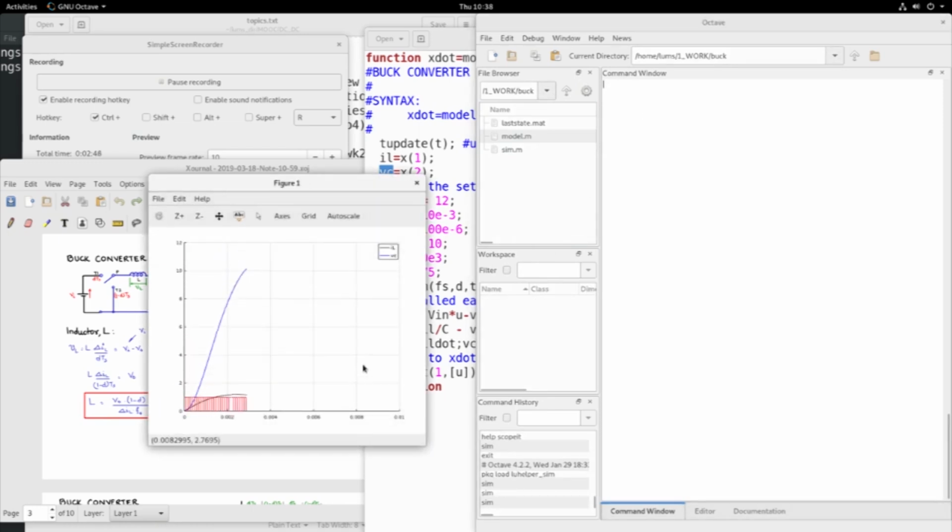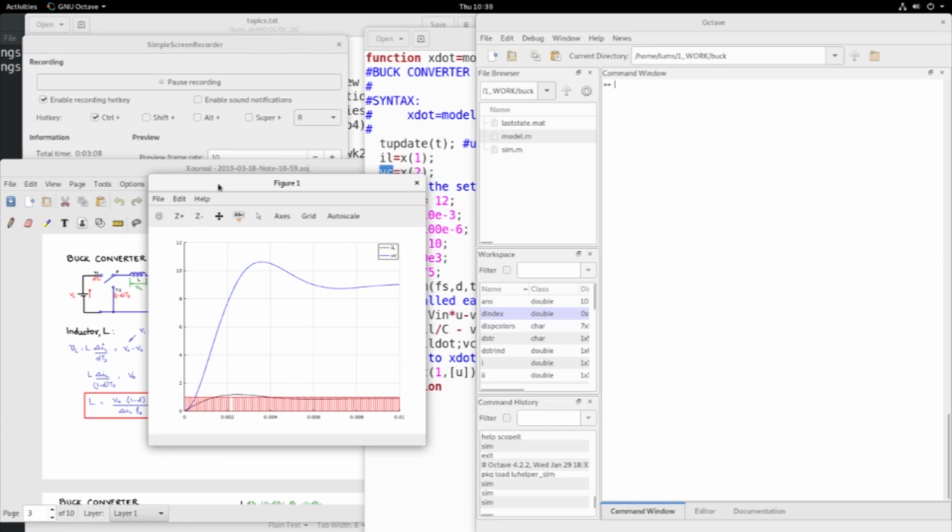So the simulation is performed. What we are viewing is the output voltage in blue here. The red is basically the pulse width modulated waveform which is initiating the switches, and there is a black waveform which is the inductor current. We can zoom in.